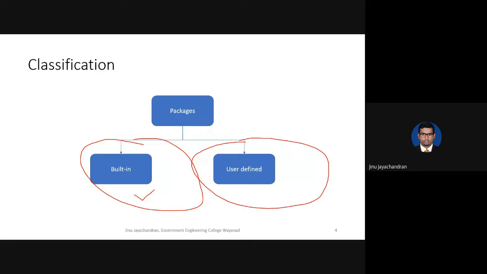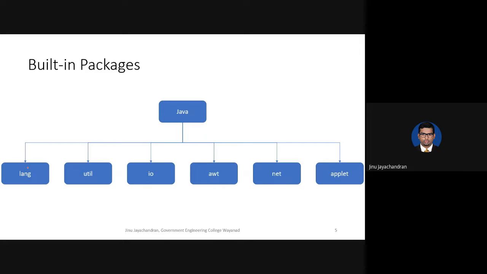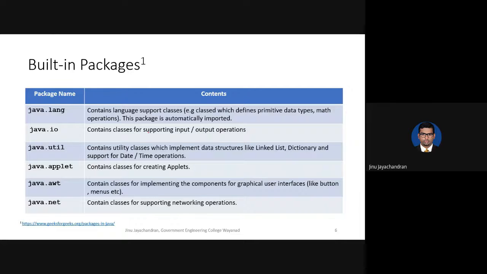Built-in packages come along with Java, and user-defined ones are something you are going to define. The built-in packages are the following: lang, util, IO, AWT, net, and applet. lang is the normal Java package, which you are importing into your program automatically without doing anything.